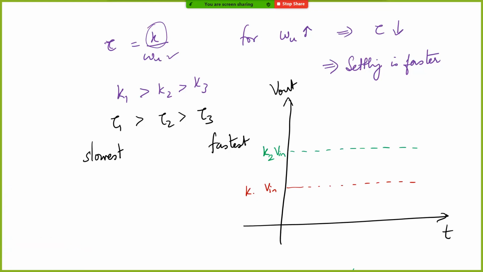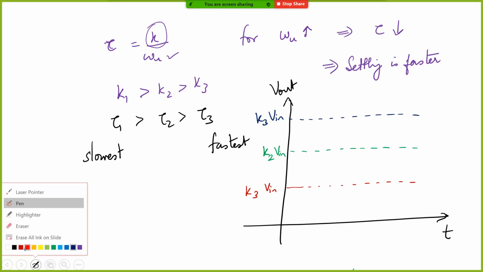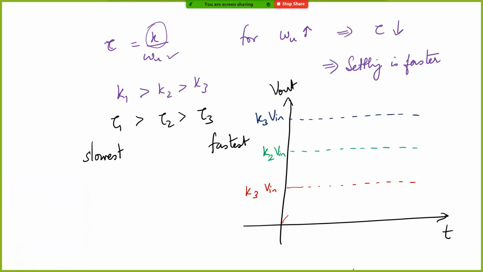This is K3 times V in. Now the settling will be such that this will settle faster. And what will the initial slopes be? The same.